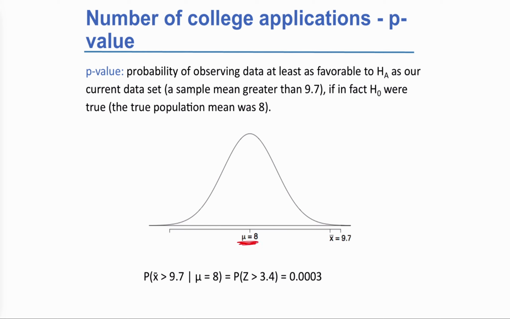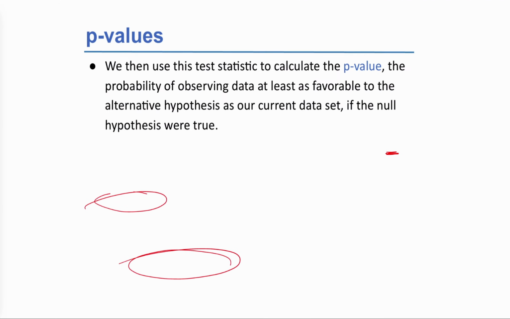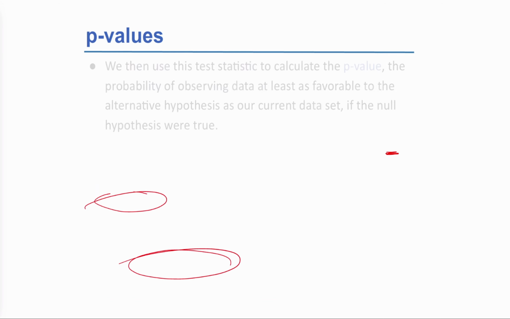So if the true population mean is 8, and we met all of our conditions, one of which is the normality condition, so we can assume that the sampling distribution is approximately normal, and we had a standard deviation of 7 and an n of 206.